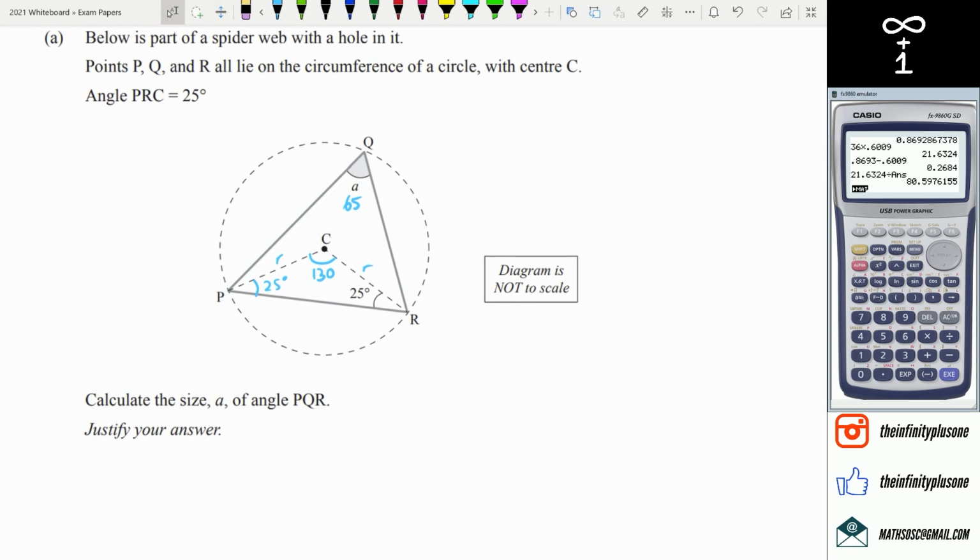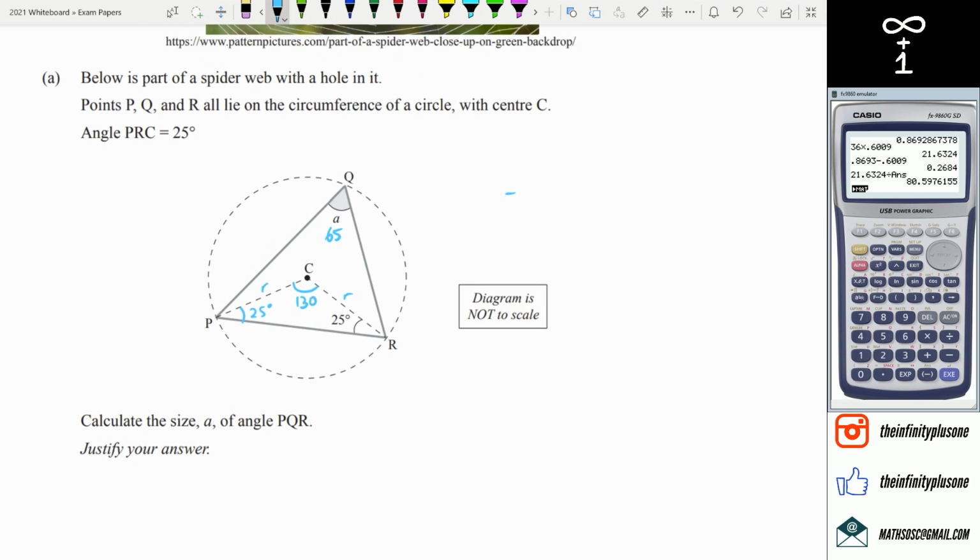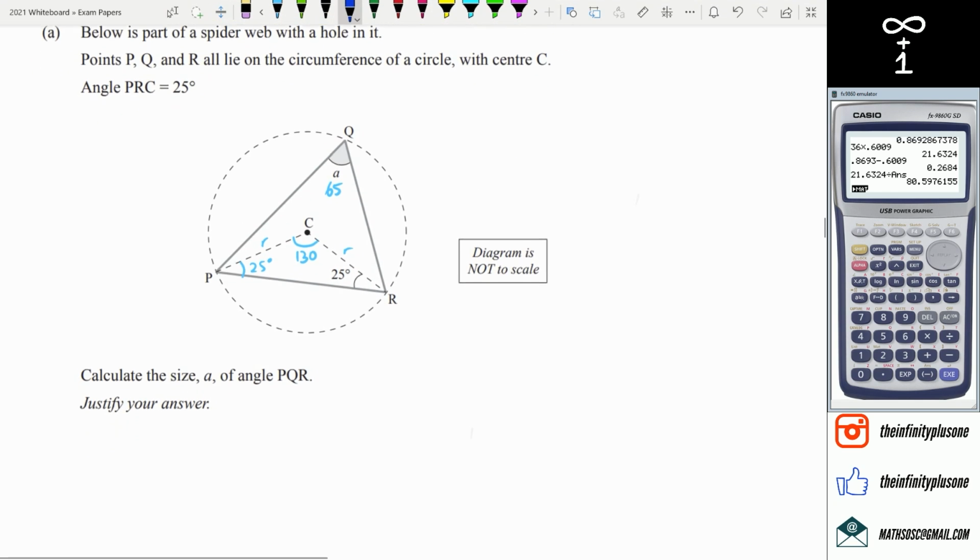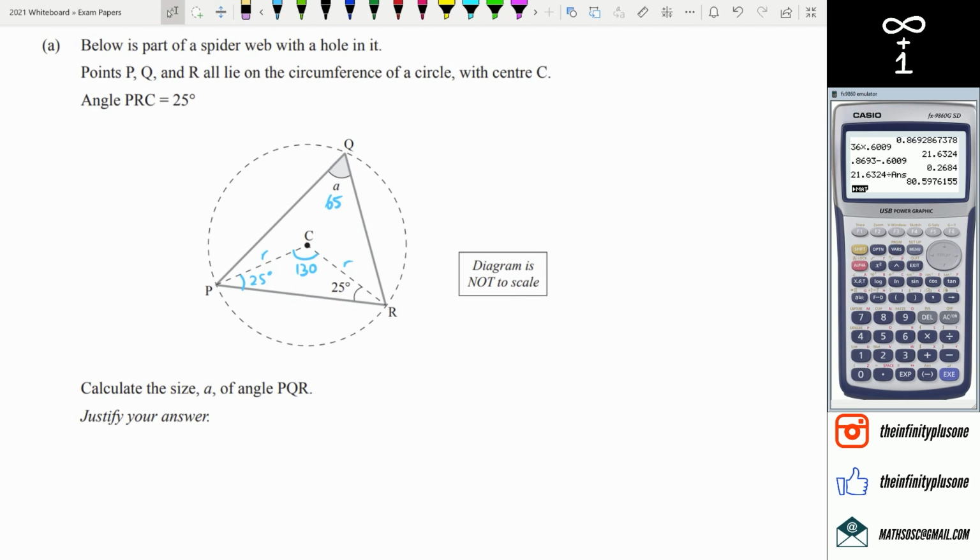Unfortunately, you have to show some sort of evidence of working to get an achieved grade, which kind of sucks, but it is what it is. So I'm going to start writing out all of these things. My first angle that I calculated was the 25, which was RPC, and I'm going to put down RPC equals 25 degrees because base angles of an isosceles triangle are equal.